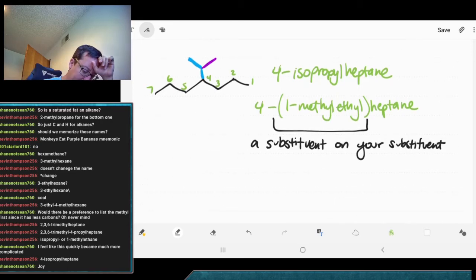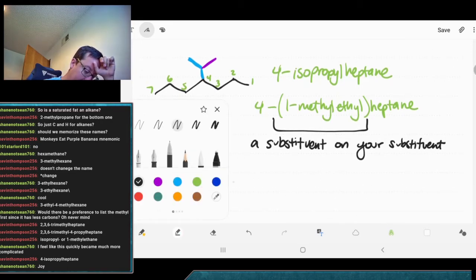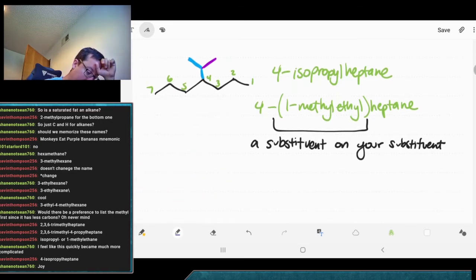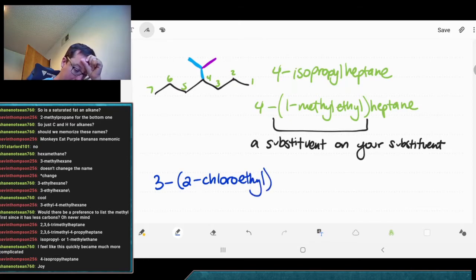Here's another example. So let's say I have 3-(2-chloroethyl)pentane. We can draw this one. In fact, in this one, there's no other way to name this molecule.